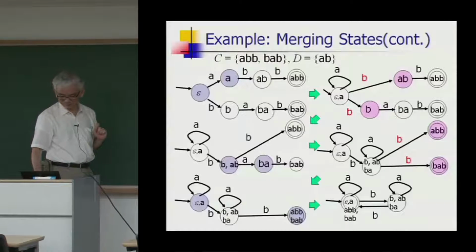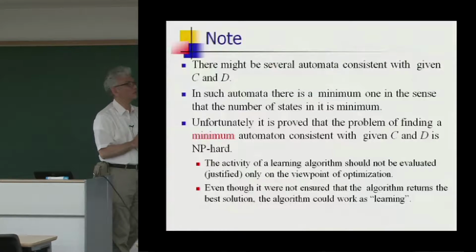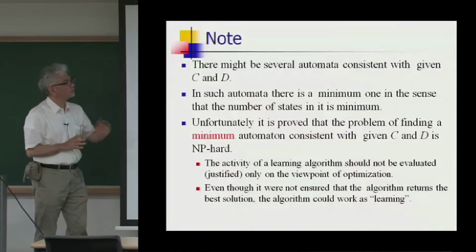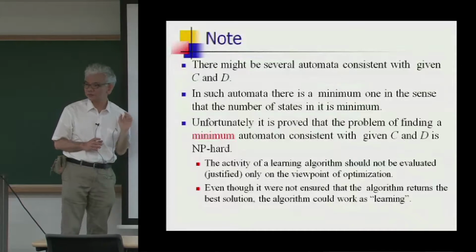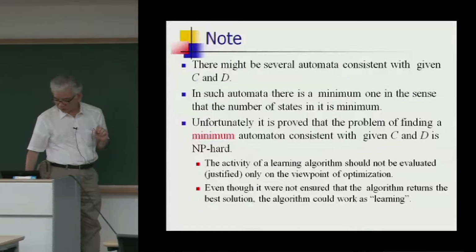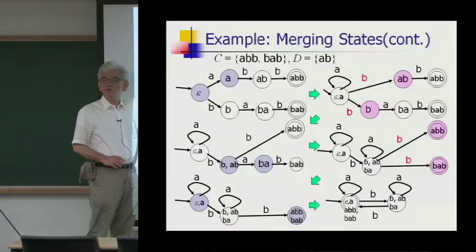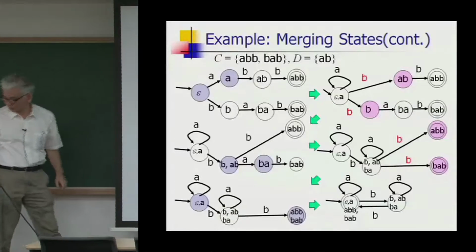Now, we give the first note. There might be several automata consistent with the given examples, the given pair of positive and negative. This is not the unique automaton consistent with these pairs of examples.